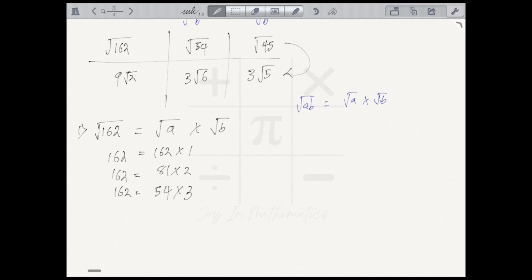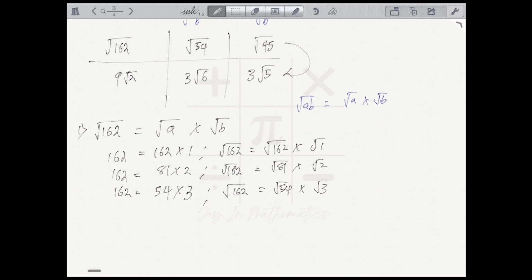Now, the question is, how do we convert from single surd to basic form? If we look at this form, we can say that root 162, according to the multiplication law of surds, is equal to root 162 multiplied by root 1. Likewise, root 162 is equal to root 81 multiplied by root 2, and root 162 is equal to root 54 multiplied by root 3.